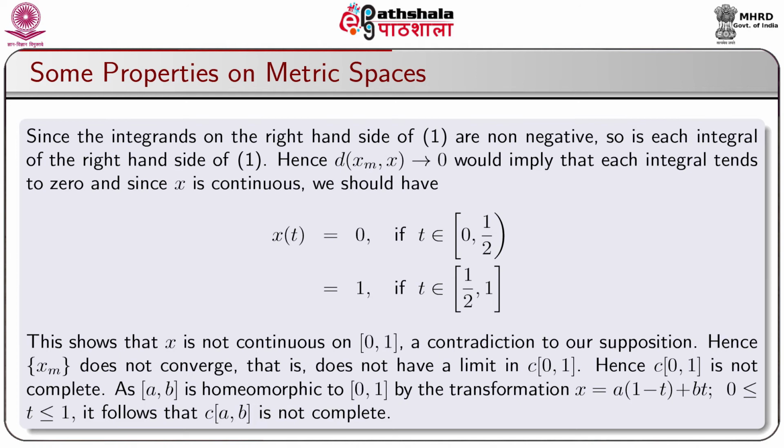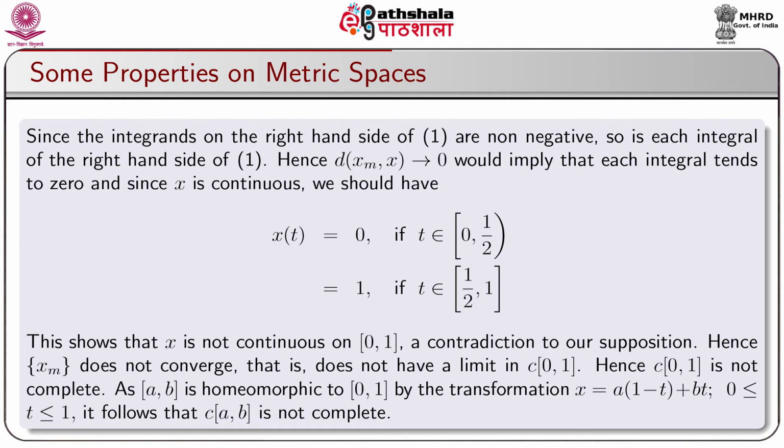Since the integrands on the right hand side of 1 are non-negative, so is each integral on the right hand side of 1. Hence, d(x_m, x) tends to 0 as m tends to infinity would imply that each integral tends to 0, and since x is continuous, we should have x(t) = 0 if t belongs to [0, 1/2), and x(t) = 1 if t belongs to the closed interval [1/2, 1].